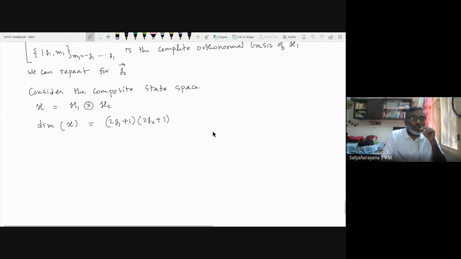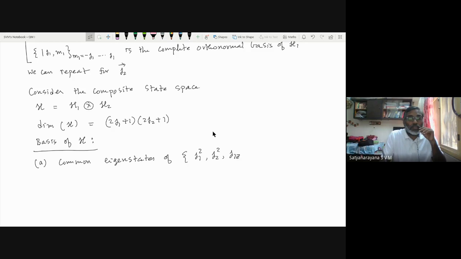Now what is the basis of H? There are two ways to choose the basis. The first way is common eigenstates of J1 square, J2 square, J1z, J2z. I can take common eigenstates of these. They commute among themselves.